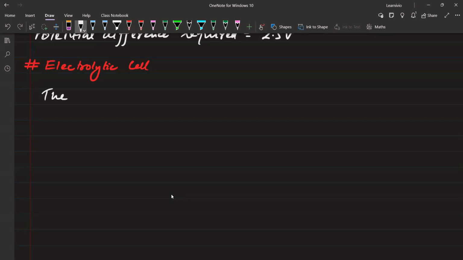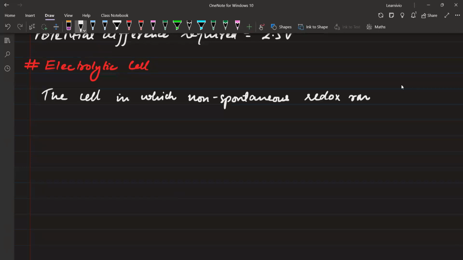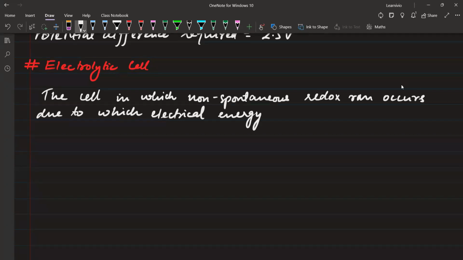So here I will write the cell in which non-spontaneous redox reaction occurs, due to which electrical energy is converted to chemical energy.